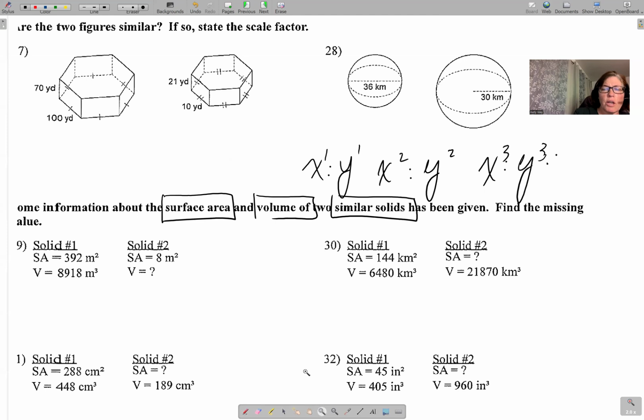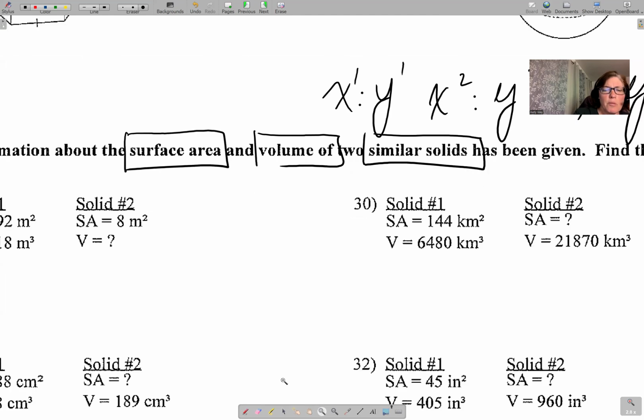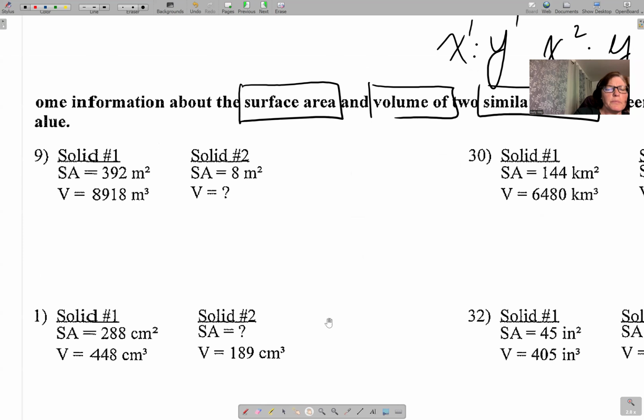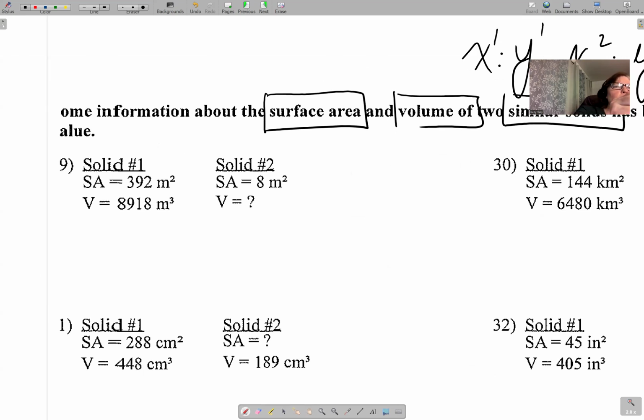So taking a look at number 9, we are given the surface area. So right off the bat, you have a 1D, 2D, 3D ratio.